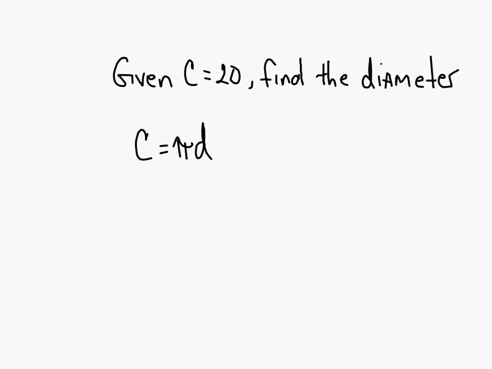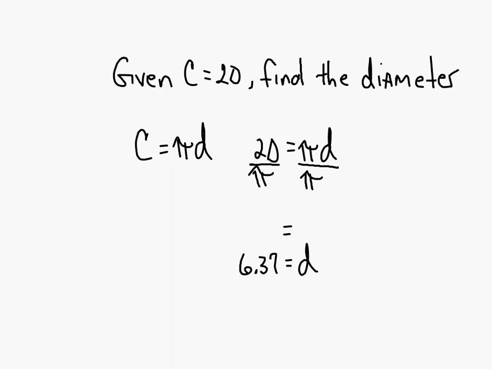Substitute the C, so 20 equals pi times diameter. Divide both sides by pi. In your calculator, 20 divided by the pi button and equal sign gives 6.37 equals the diameter. Any other questions?